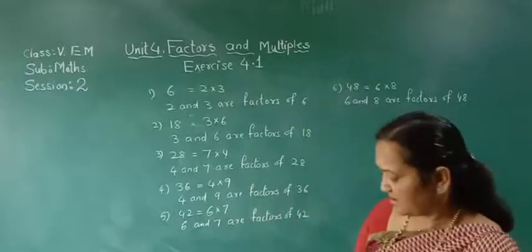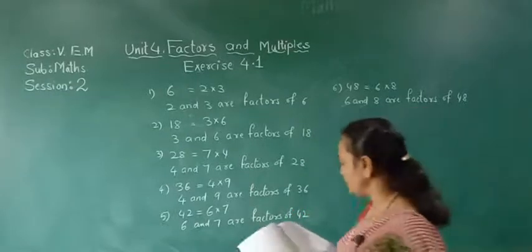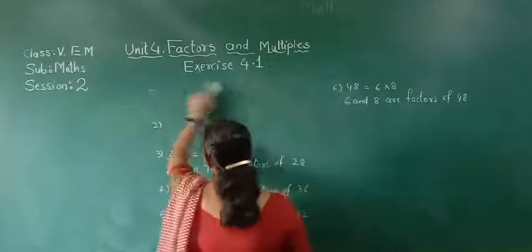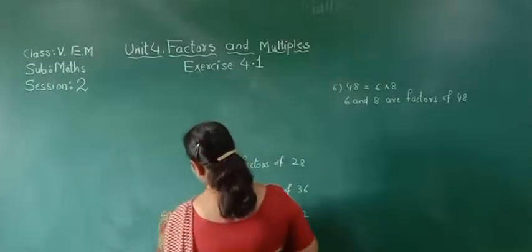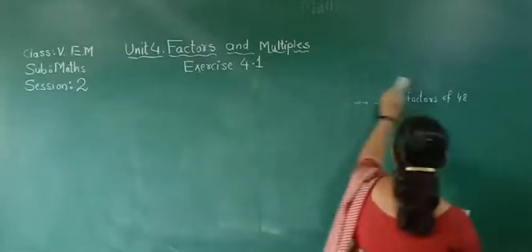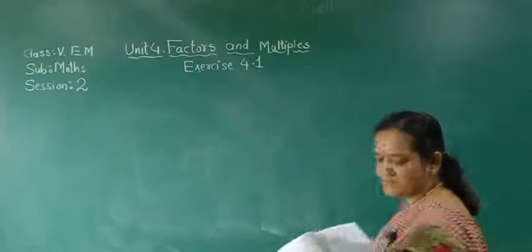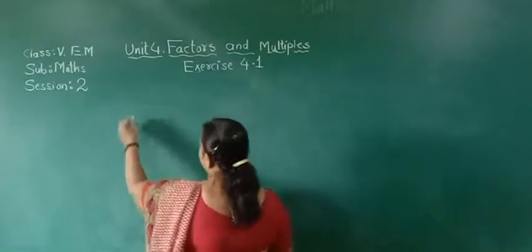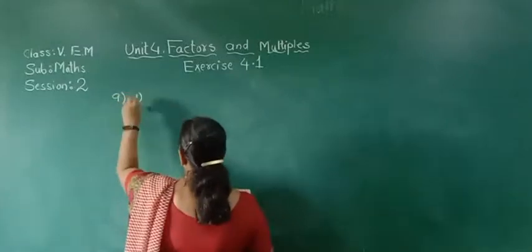Ninth question, write all the factors of the following numbers. Now here we should write all the factors, not only two factors. As many factors as we find, all the factors of the given numbers we should write. So here first question is 9.